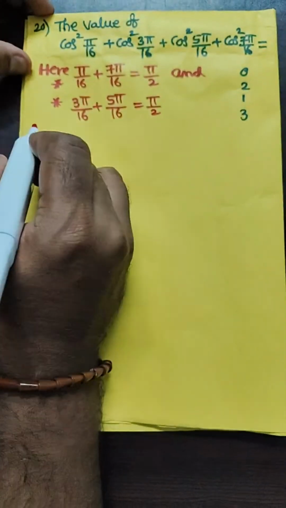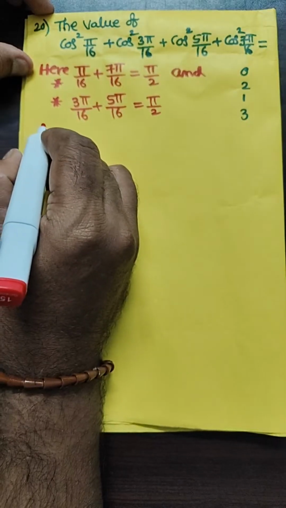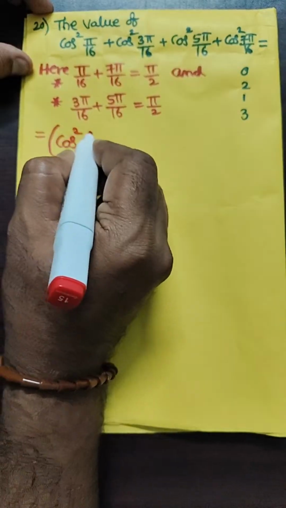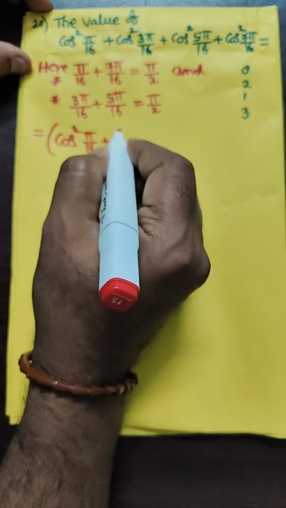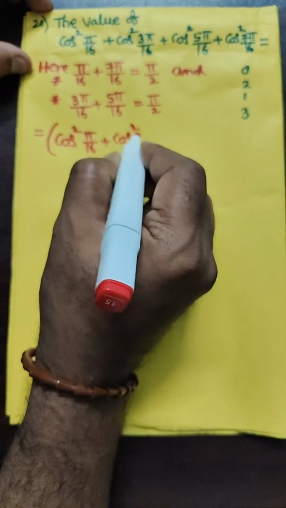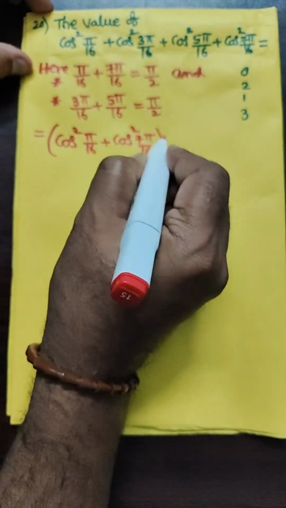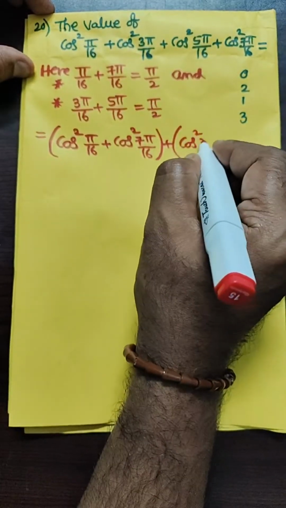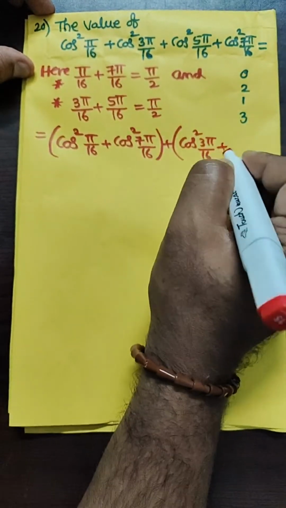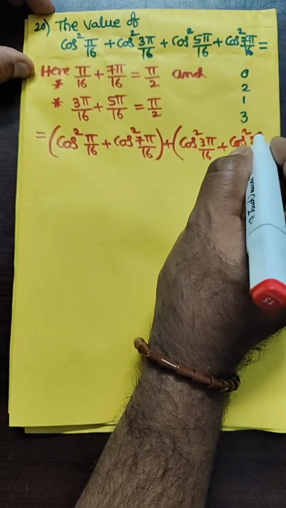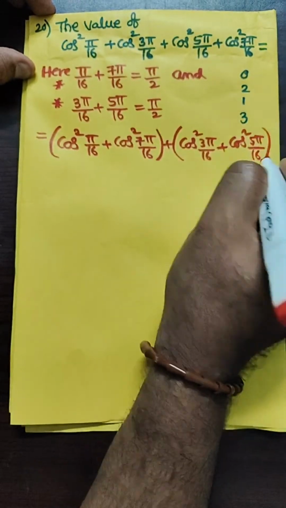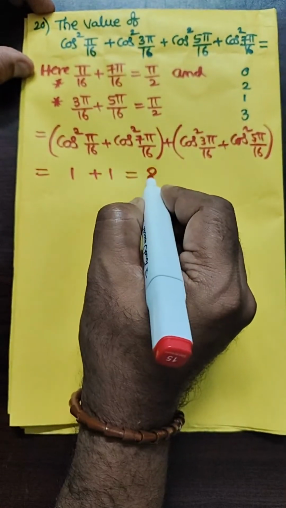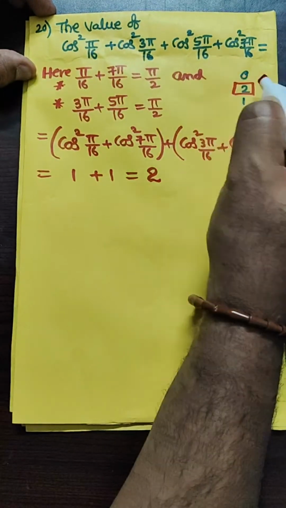So the given question, you write it in that way: cos square pi by 16 plus cos square 7 pi by 16 plus another pair cos square 3 pi by 16 plus cos square 5 pi by 16. This value is equal to 1. This value is also equal to 1. Total value is 2. So 2 is the right answer.